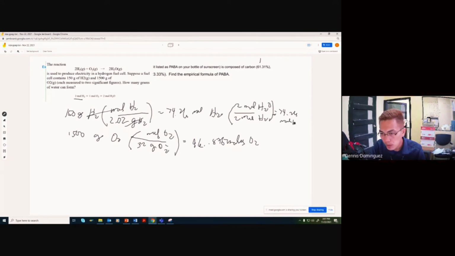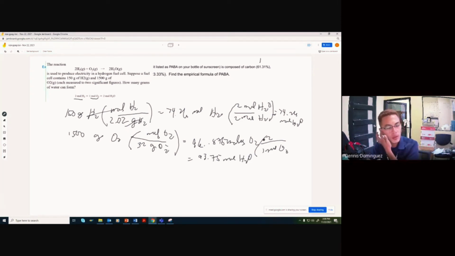While for your O2, the relationship is that 1 mole of O2 will be used while H2O is 2. So, times 2, 46.875 times 2. So, that is around 93.75 moles of your H2O.